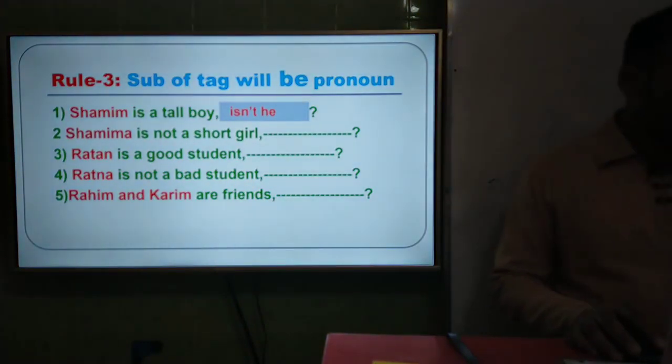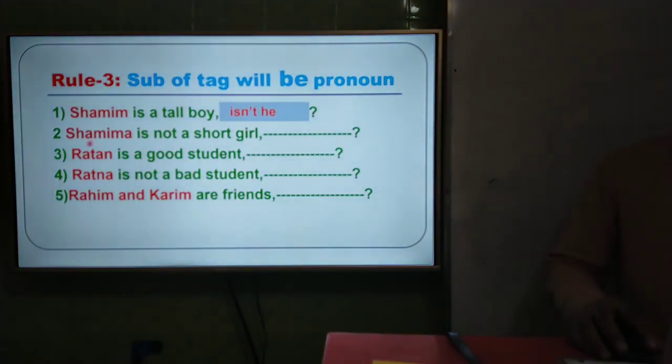Then the second one: Shamima is not a short girl. Dear students, you see that the first one was affirmative, now the second one is negative, so the answer will be affirmative. Here the operator is again is, so is will come here to make this tag question.